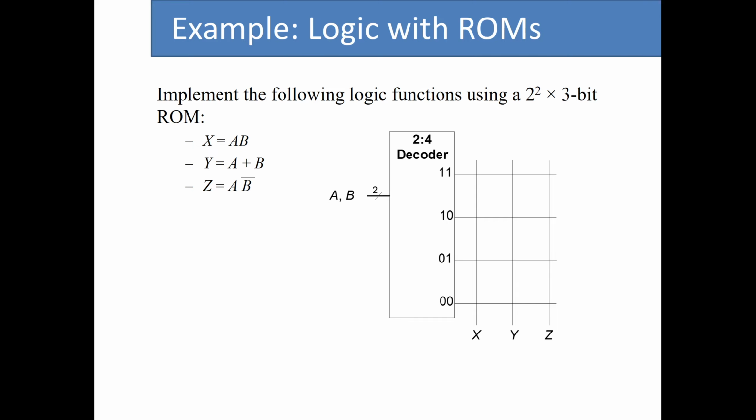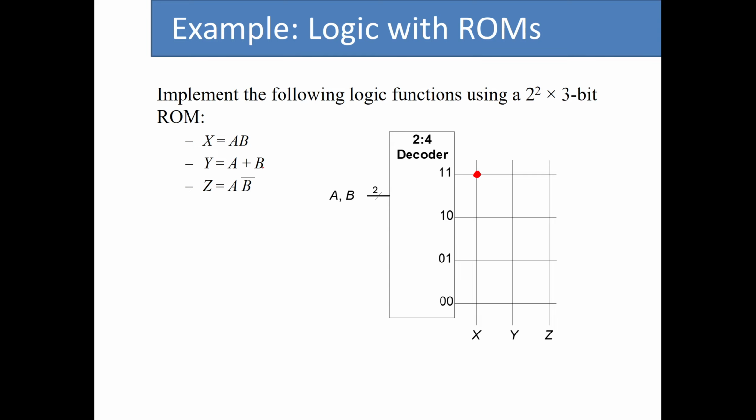In this example, we want to use a ROM, more specifically a 4x3-bit ROM, to implement these three functions. So X is AB. For the two address bits that we have, I just provide A and B as the address bits. So AB is for when A and B are both 1. So this is basically this minterm, so I just simply put a dot here.